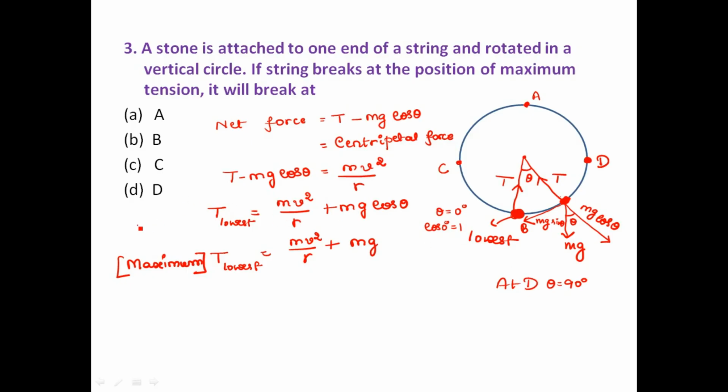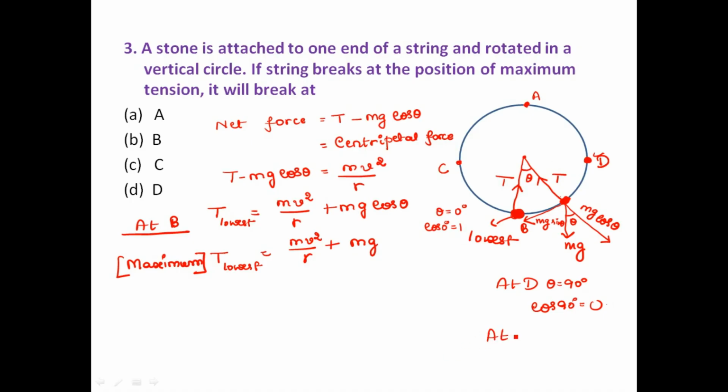So I have written this for the stone being at B. At D, what happens? Theta is equal to 90 degree, cos 90 degree is equal to 0. In such case, tension can be lesser compared to the stone being over here. When the stone reaches here, it gets the less tension. The force of attraction towards the center reduces.